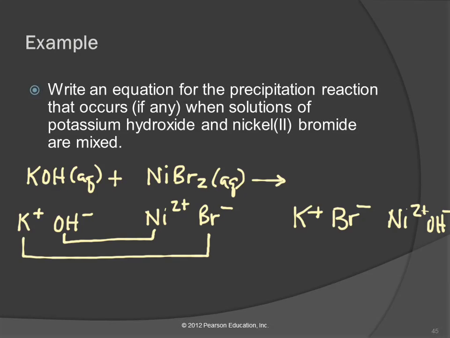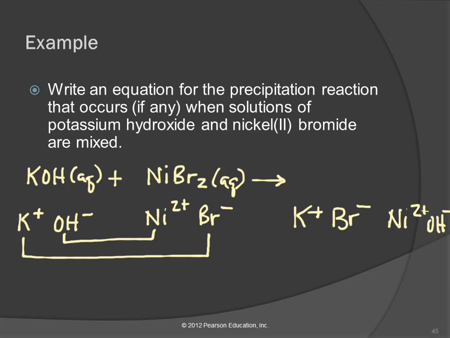Well, good luck getting those charges to add up to 0. It's not going to work. Opposites attract, okay? And this is no commentary on sexual orientation or anything, but it's how the ions work. Opposites attract.